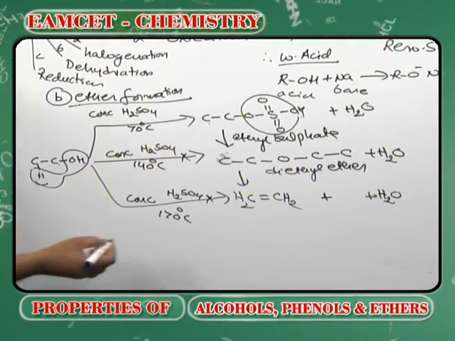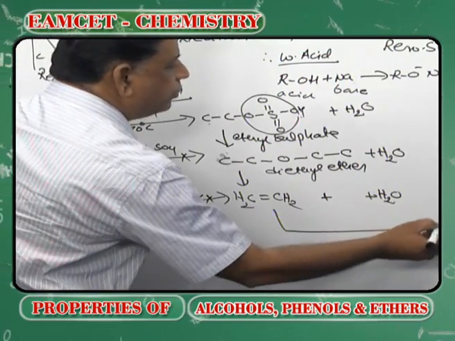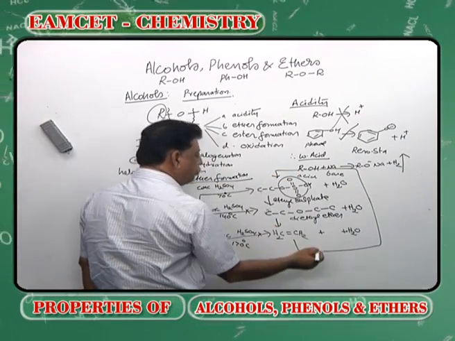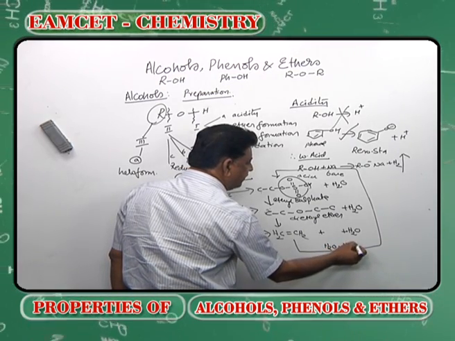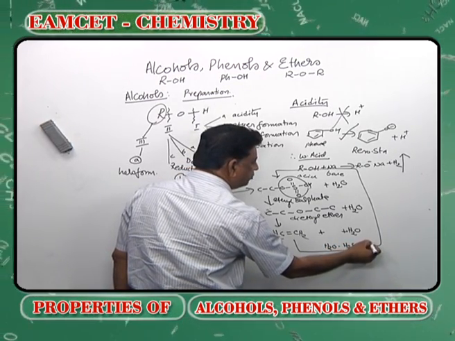It is also correct to say that when ethylene is added to water and concentrated sulfuric acid at room temperature, ethyl hydrogen sulfate is formed. Similarly, if you heat the ethanol at 170 degrees, the ethyl hydrogen sulfate again loses water.